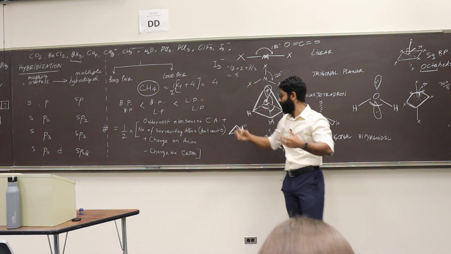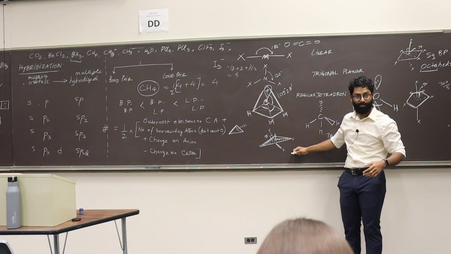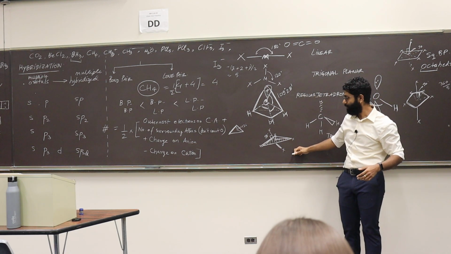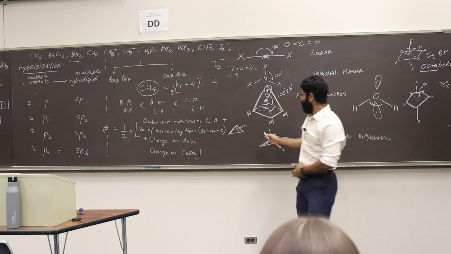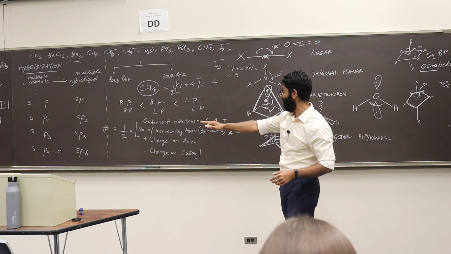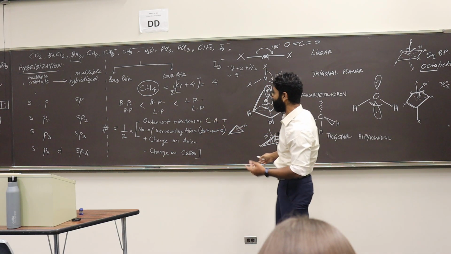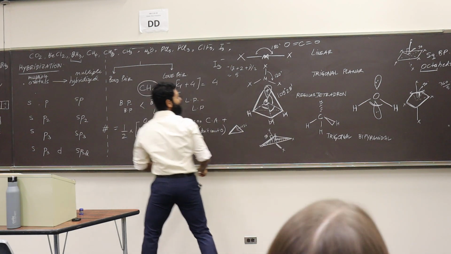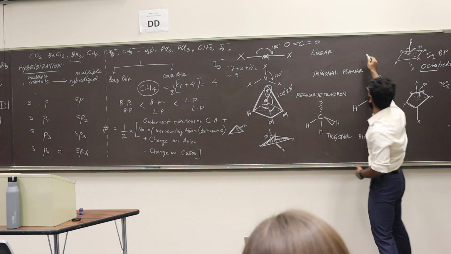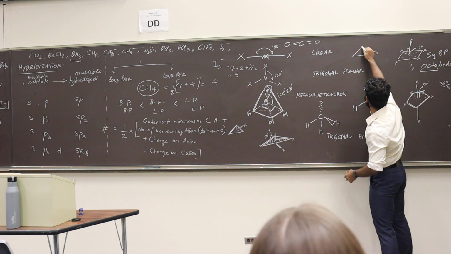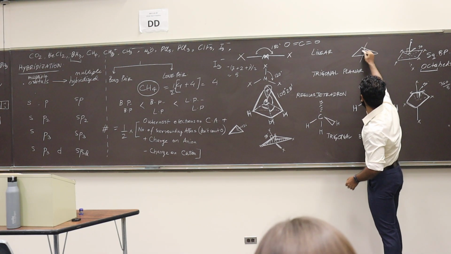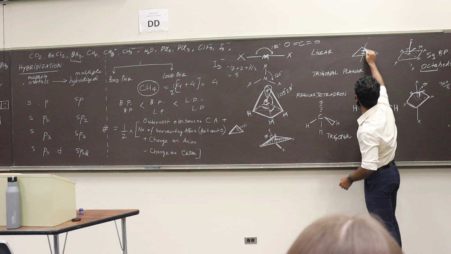So what's the predicted? This is the predicted, right? Now, so yes, sp3d, predicted is this, but what's the actual? I don't want to erase anything. So we know that this is going to be something like this. So I know that one I sits here.